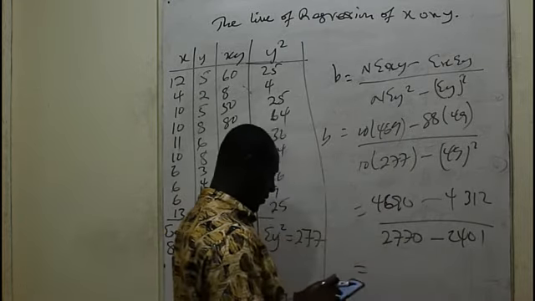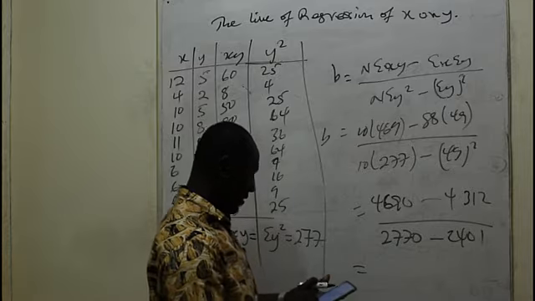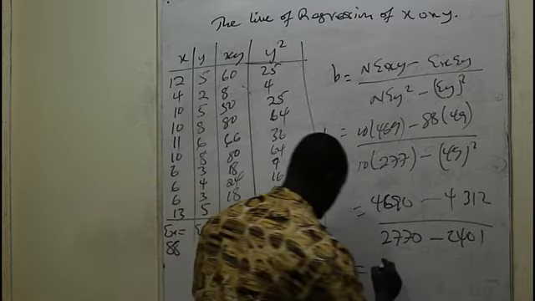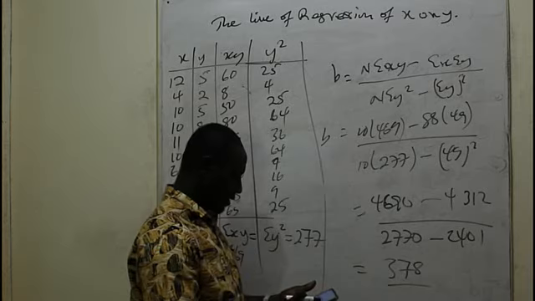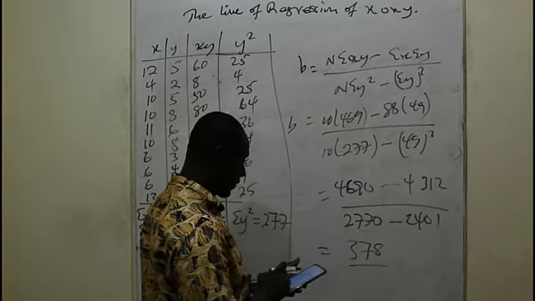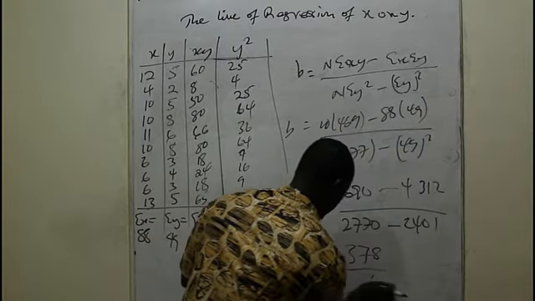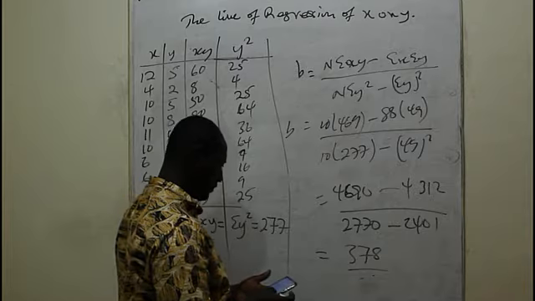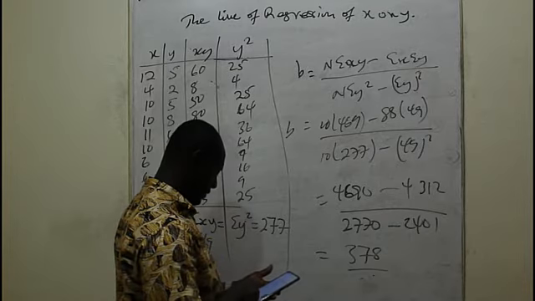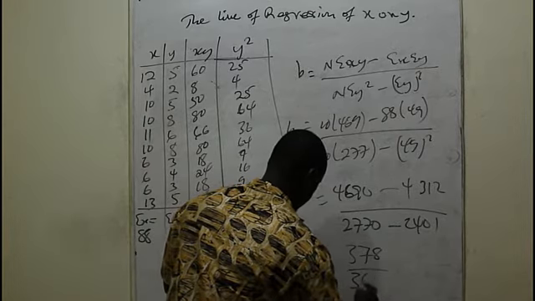So I'm going to have 4690 minus 4312, and that gives you 378, divided by 2770 minus 2401, and that's going to give you 369.